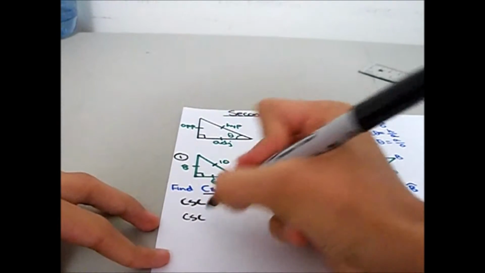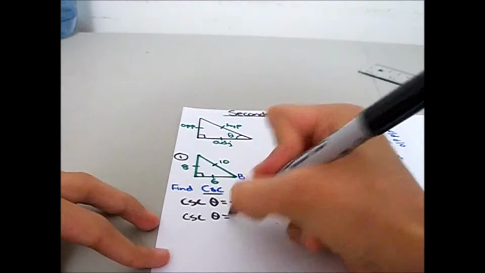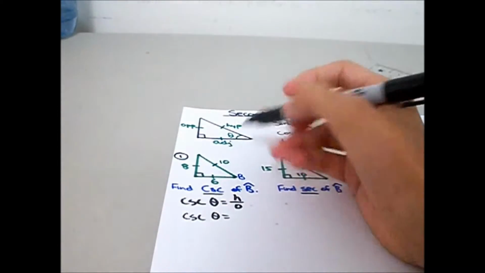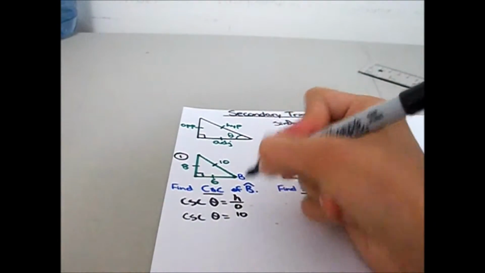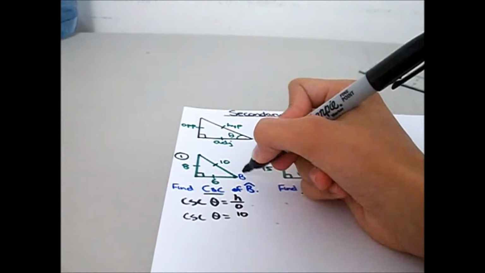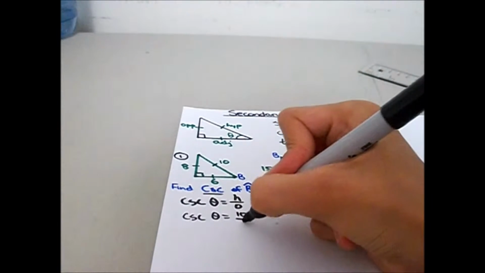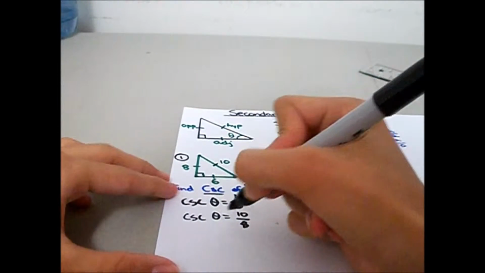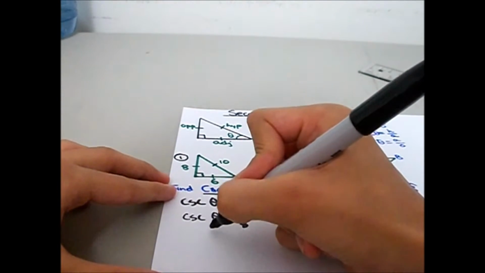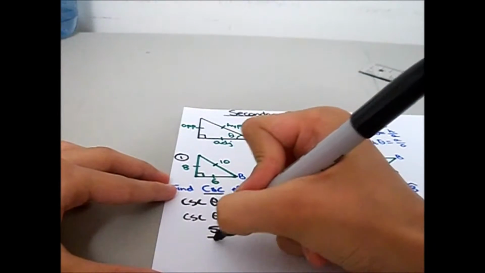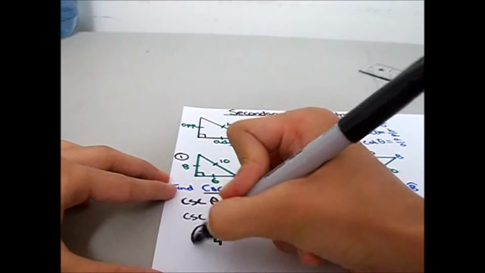So cosecant of the angle is equal to the hypotenuse, which is 10 in this case, over the opposite, which is 8. If I simplify it as a fraction, it will be 5 over 4. And that's your answer as a fraction.